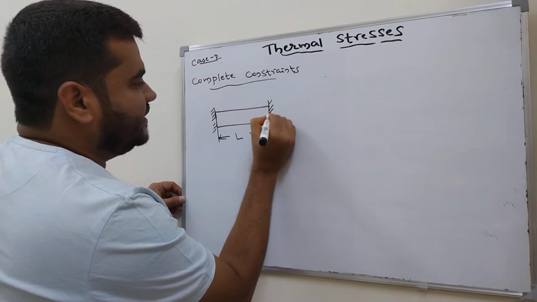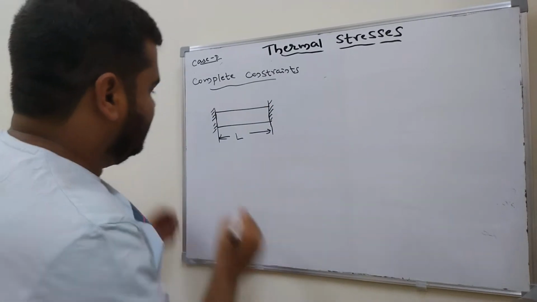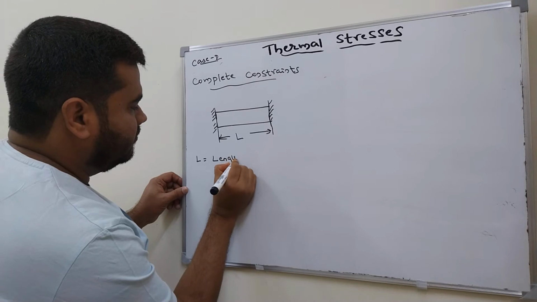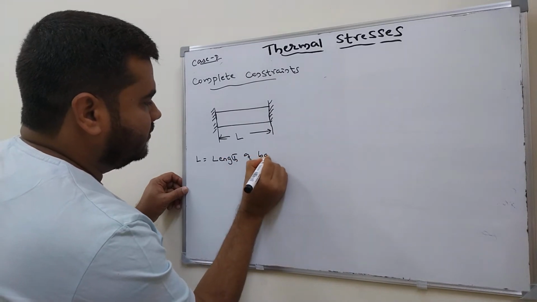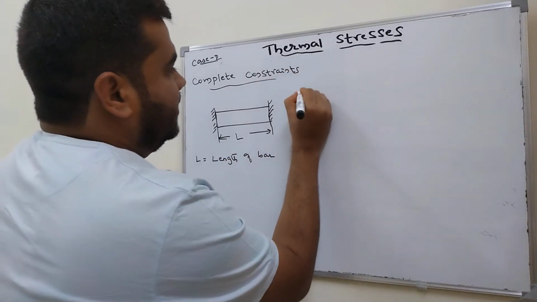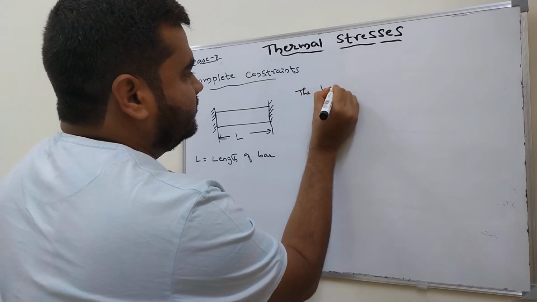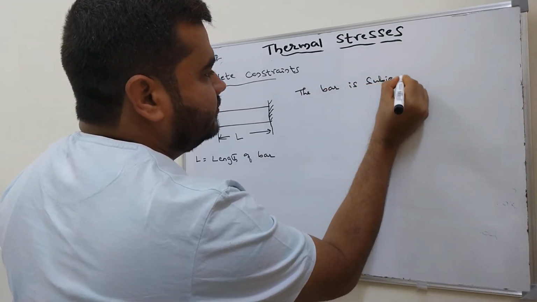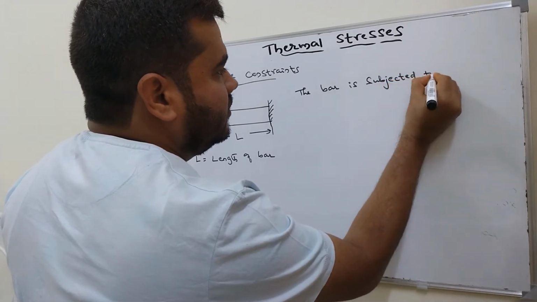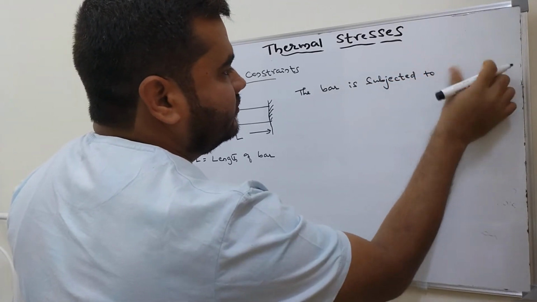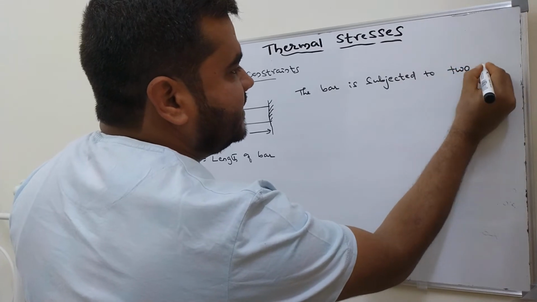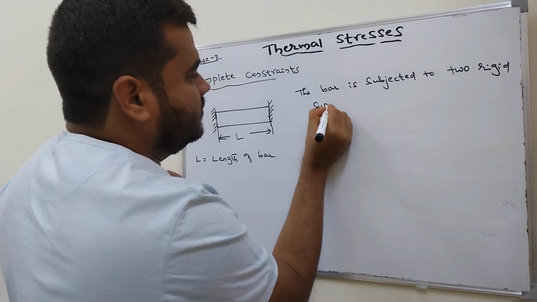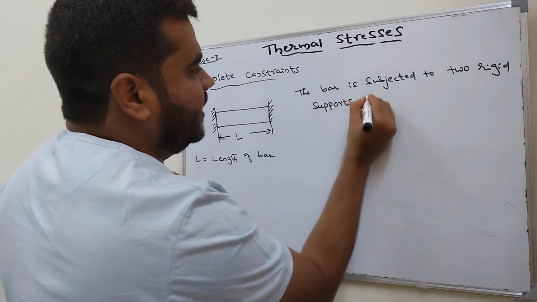L is the length of the bar, subjected to two rigid supports at the ends.